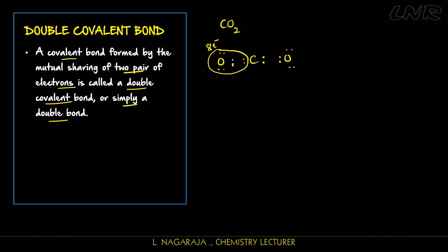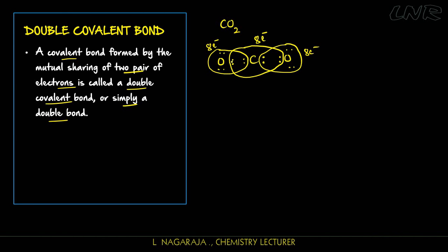Oxygen: 2, 4, 6, 8 electrons, and in this oxygen atom also 2, 4, 6, 8 electrons, and this carbon also contains 8 electrons, right? So in this Lewis structure of carbon dioxide, all the atoms contain 8 electrons.